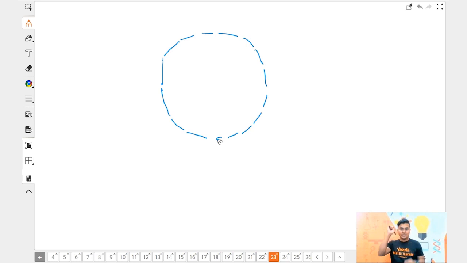Correct? A circle has an infinite number of points on it. So let's not assume that they are points. Let's just assume that the circle is made up of hundreds or thousands of straight conductors like this.